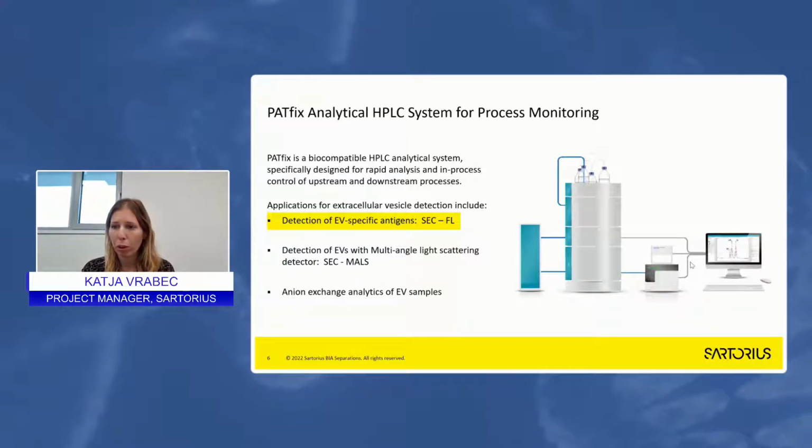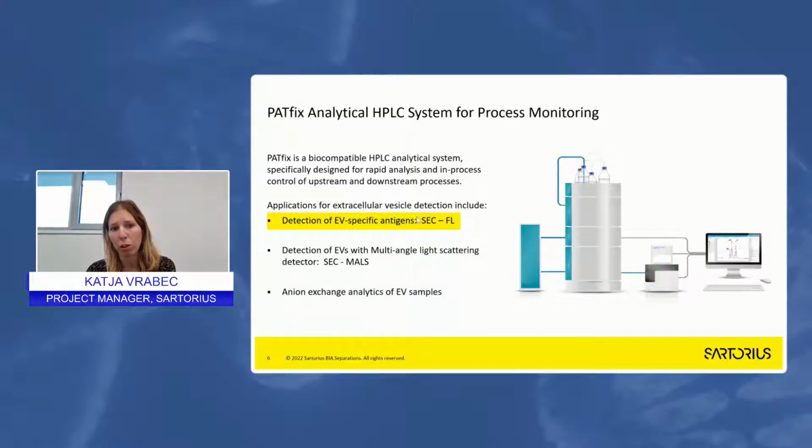Okay, so firstly, we will focus on PATfix HPLC system for process monitoring. PATfix is a biocompatible HPLC analytical system. It's specifically designed for rapid analysis and in-process control of both upstream and downstream processes.